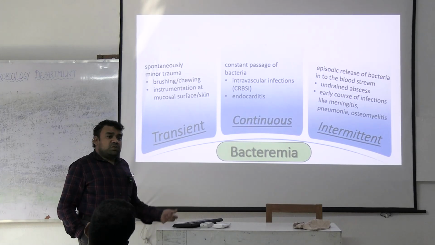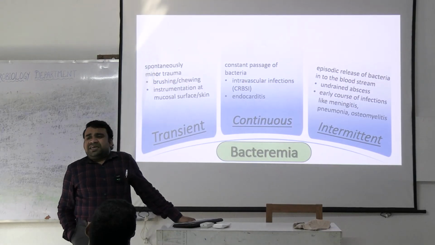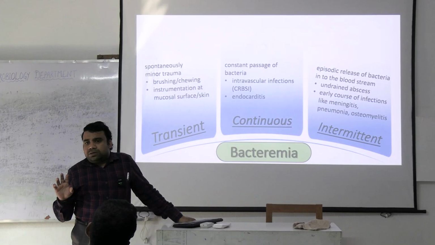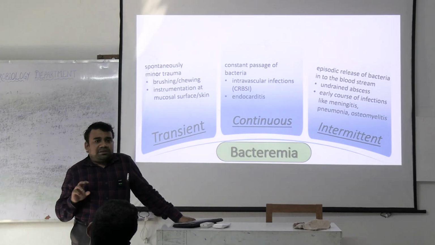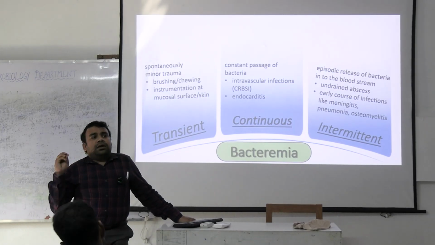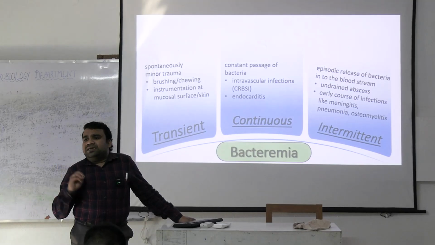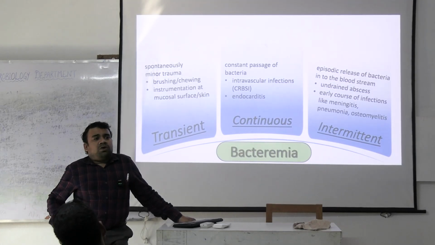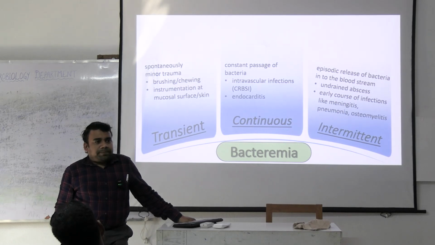Then when we say continuous, what do we mean? That means there is a focus anywhere in the body where the microorganisms are present, and from that area they are continuously gaining entry into the bloodstream. Continuously. That is called continuous bacteremia.